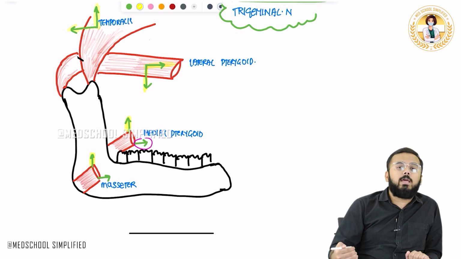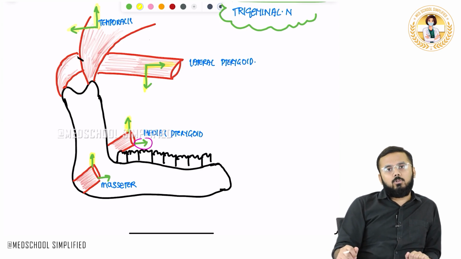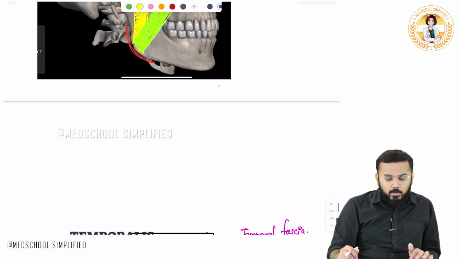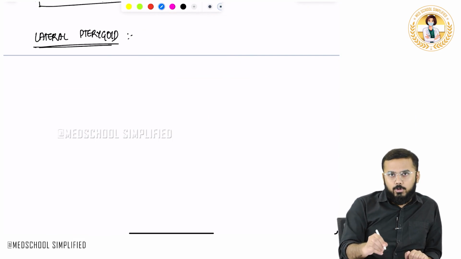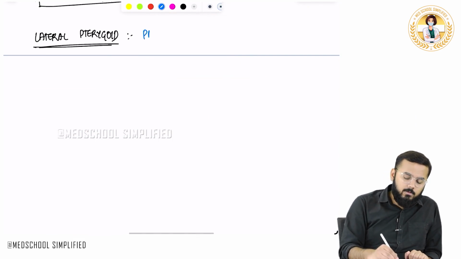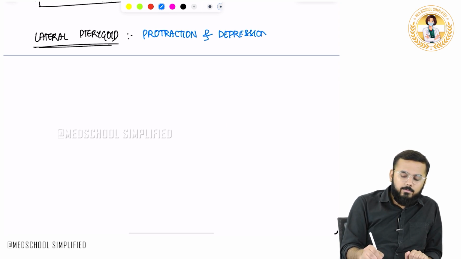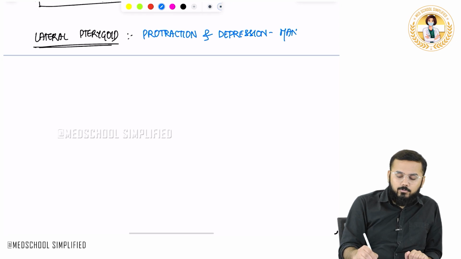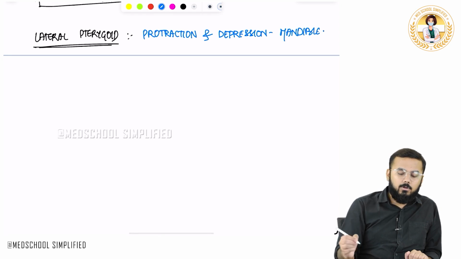Not only that, there is one more action also. It has got dual action. That is, if I can move my mandible side to side like this, you see, this side to side movement is also done by lateral pterygoid. So by looking at the arrows, we understood two important things, that this muscle is responsible for protraction and depression of the mandible.